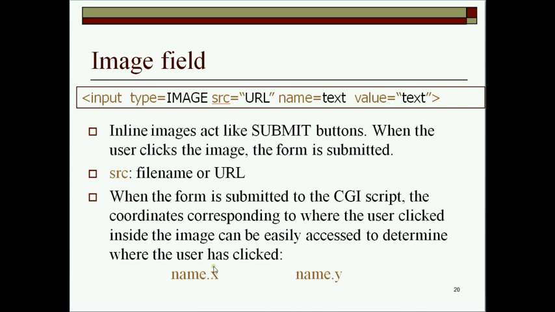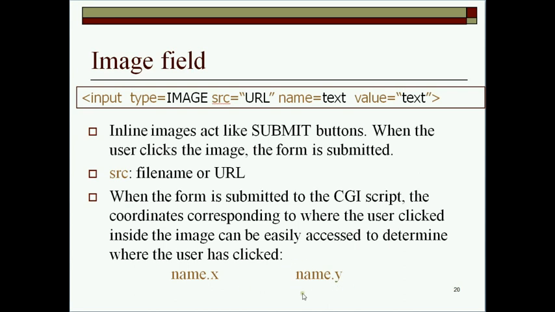So name.x will be the x coordinate in the horizontal axis of the click in terms of number of pixels from the origin of the coordinate system of the image, which is assumed to be the lower left corner of it.